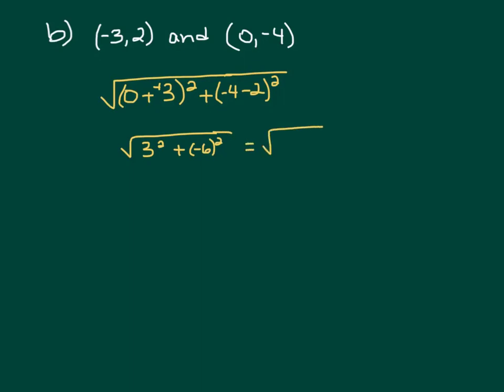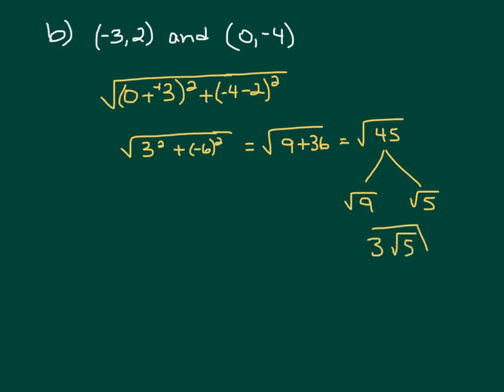So 3 squared is 9. -6 times -6 is 36. So 9 plus 36 is 45. And then the square root of 45, we can break it up into 9 times 5, and the square root of 9 is 3 times the square root of 5.